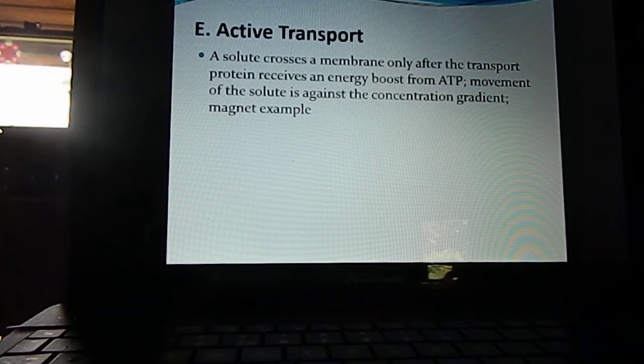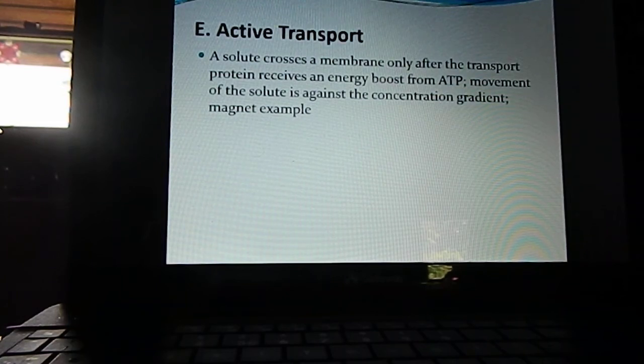And this movement of molecules against their natural way, down that concentration gradient, if you're moving it against the concentration gradient, then energy in the form of ATP is required, right?